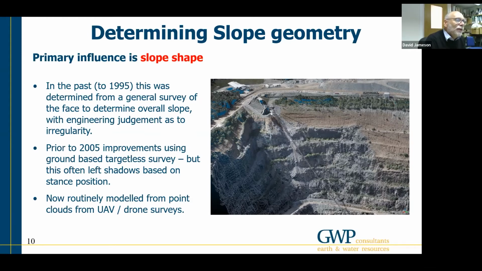If you angle the camera on your UAV drone properly, you can get a very accurate definition of the general slope that we're trying to model. Not only does it pick up the slope, but in this particular case, it's picked up the road and conveyor line as well. So again, I want to emphasize that slope geometry is the primary influence on rockfall trajectory assessments.